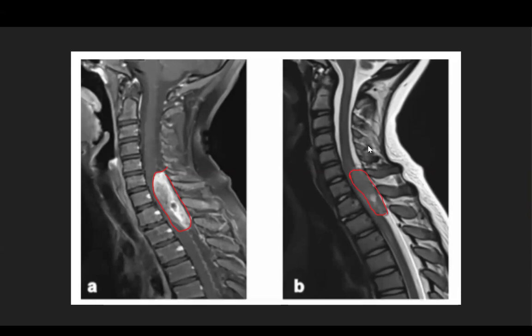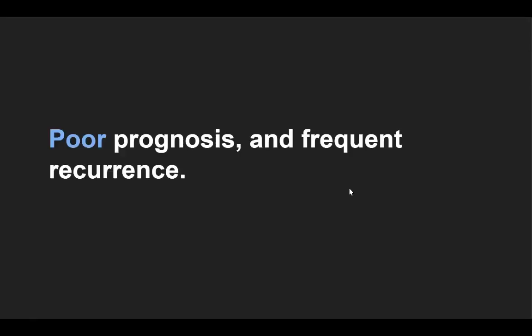On the other side, you see that the CSF column is obstructed. They are vividly enhancing. They show some intratumoral cysts as well. And the same rule applies to them. Even if they're not enhancing, that does not change their grade. Very poor prognosis and frequent recurrence.